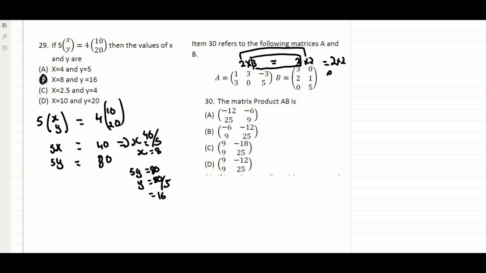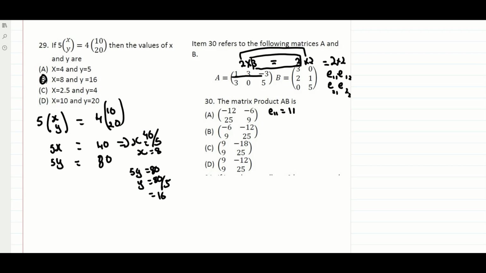Right, a 2 by 2 matrix has 4 elements. It has 2 rows, row 1 and row 2, and we have two columns. So this is 1, 2, 1, 2. Right? This is just the easy way to multiply it, if you're not accustomed. So E11 would be row 1 by column 1.